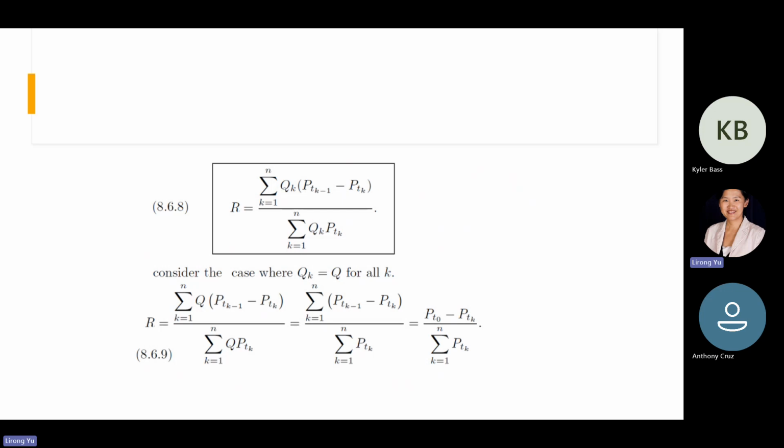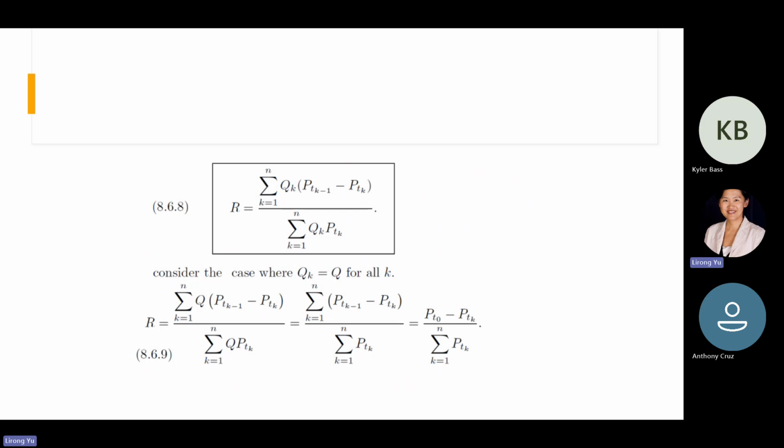Okay, now a little bit forward. If the Q_k are not variable, so if the Q_k are all equal to the same notional amount, which is the case most of the time, and even when Q_k are not the same, they tend to have some pattern to it, this formula offers a better way of calculating the swap rate. Cancel the Q in the numerator and denominator in 8.6.9.